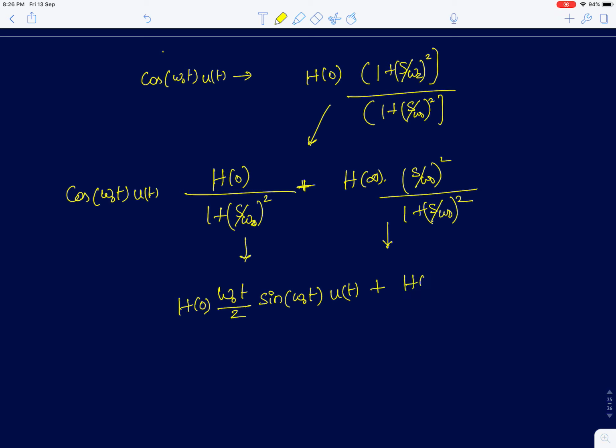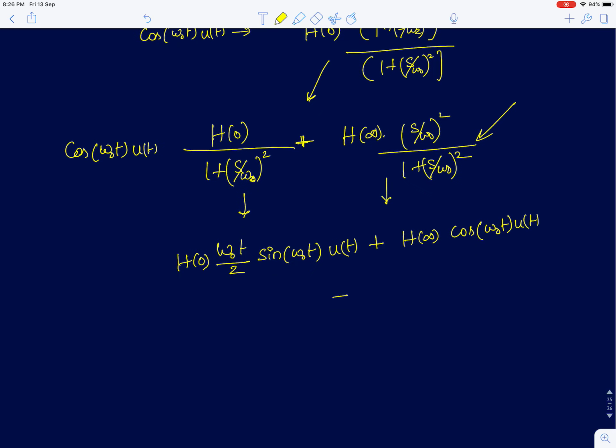Again here it will be plus h infinity into cos omega naught t into u of t, minus, as we said, this can be split up as a low pass and a high pass. We have already derived the expression for this, so I'm just directly quoting those results. You'll again get h infinity into omega naught t by 2 sine omega naught t.